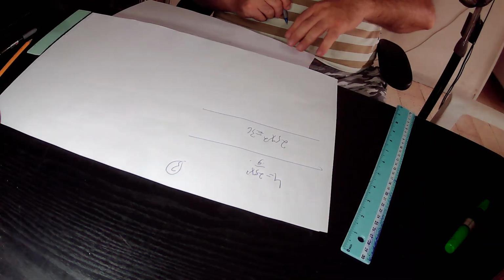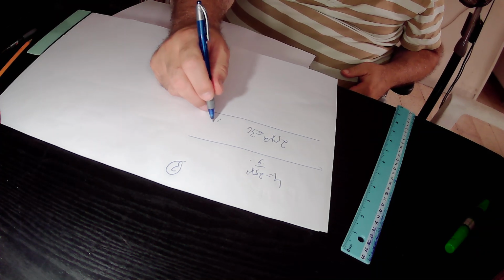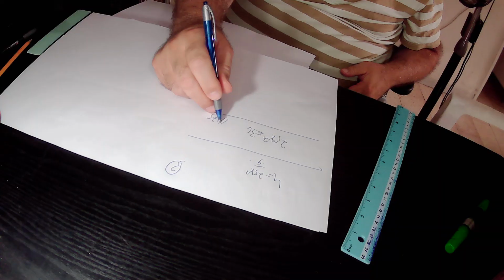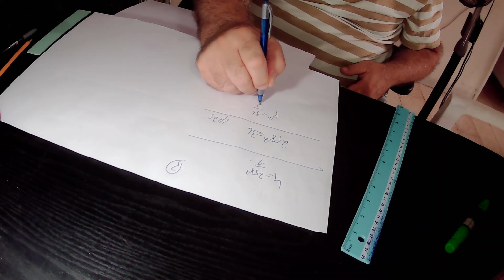So here we divide this equation by 25 and we get that x squared equals 36 over 25.